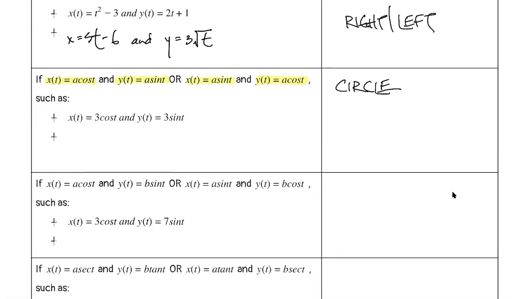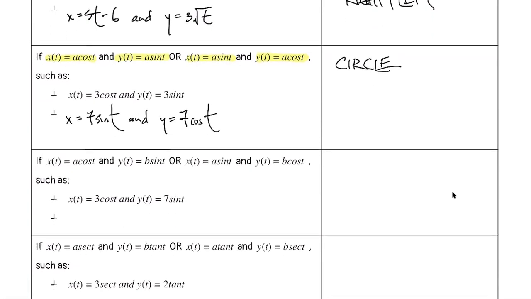So in x equals 3 cosine t and y equals 3 sine t, I know that that 3 gives me the radius of the circle. But if I switch them and say x equals 7 sine t and y equals 7 cosine t, then we're going to end up with a circle. It's just that we're going to trace it in the other direction. Okay.